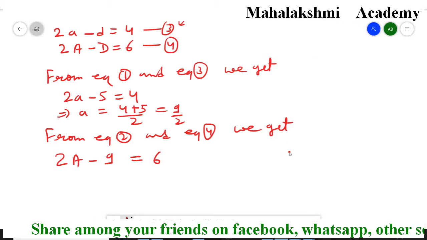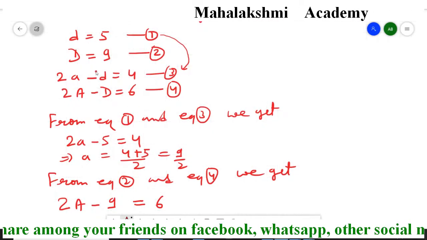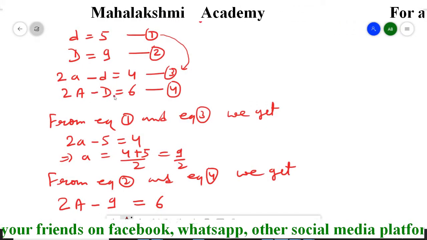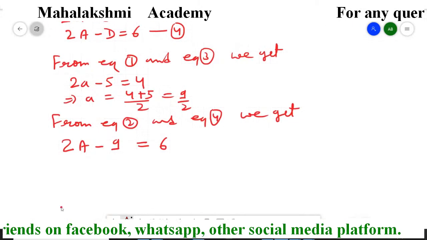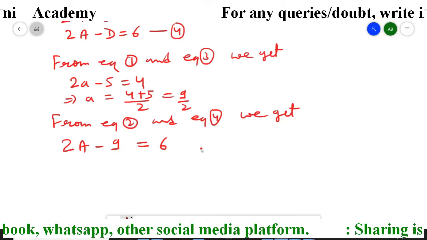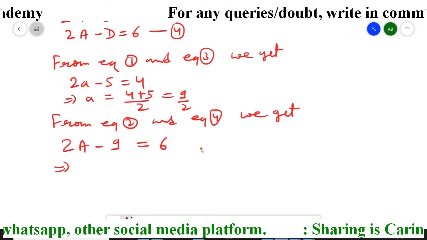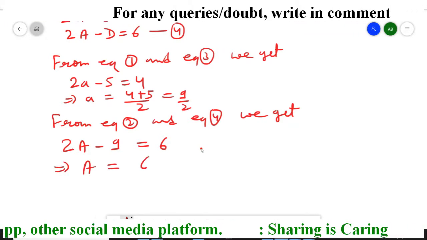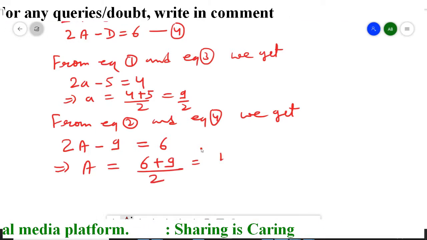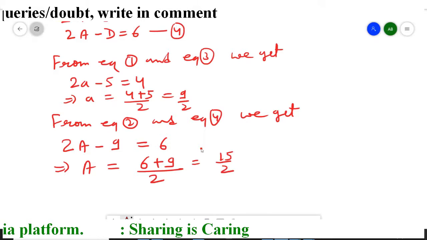This value of D is 9, so this 9 will be written here. So it's going to be 2a minus 9 is equal to 6. This 9 will shift and we'll get the value of capital A, which implies capital A is (6 plus 9) upon 2, that is 15 upon 2.